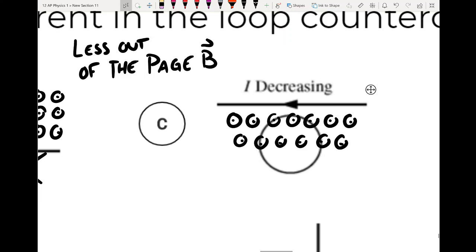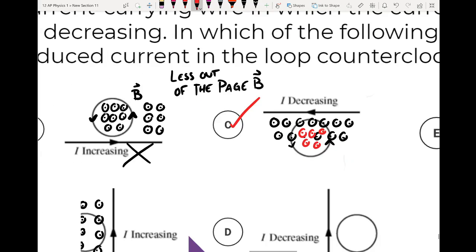So it's going to go in this counterclockwise direction and induce an out of the page magnetic field to compensate for the decreasing magnetic field. So it looks like C is our go-to.